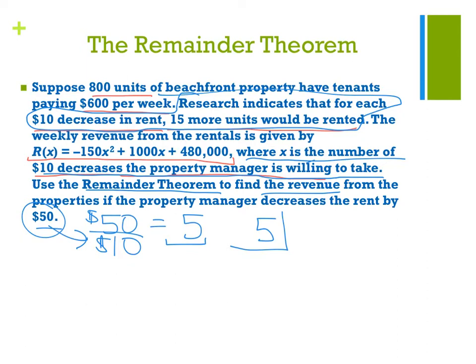So we're going to use 5 as our divisor, and then use the revenue function to figure out how much revenue the property manager would create by decreasing the rent by $50. We are going to use the coefficients in our revenue function, which are negative 150, 1,000, and 480,000.